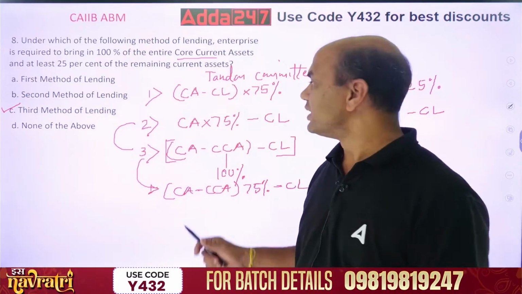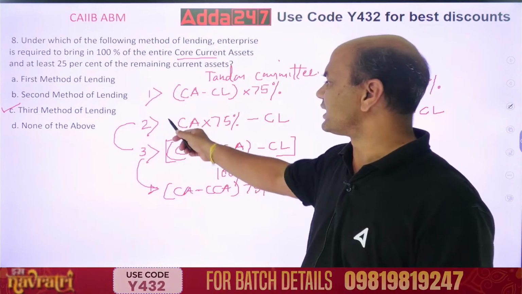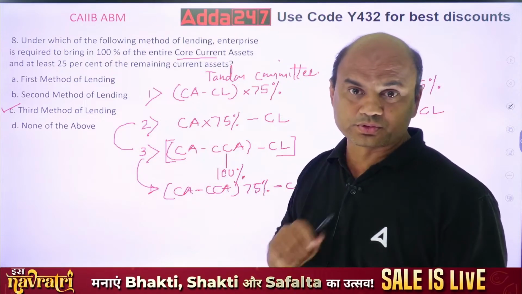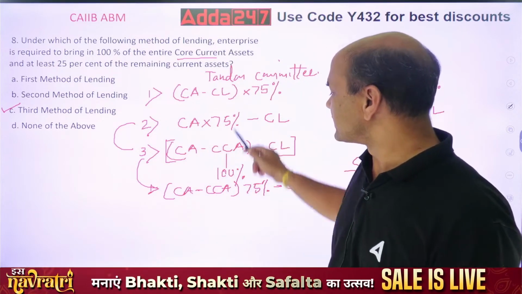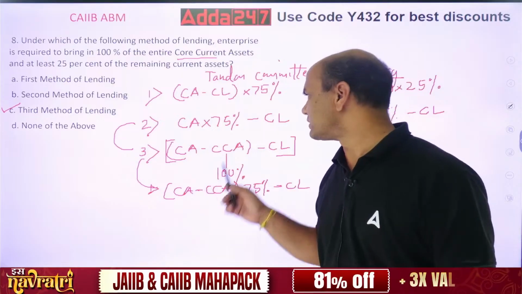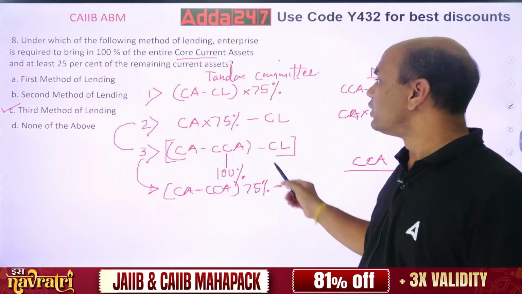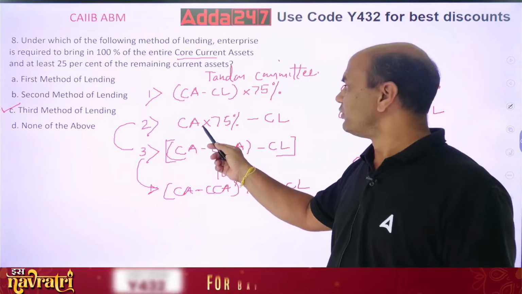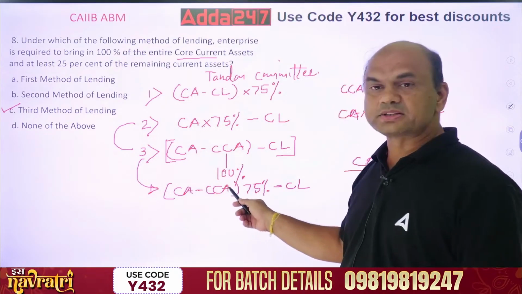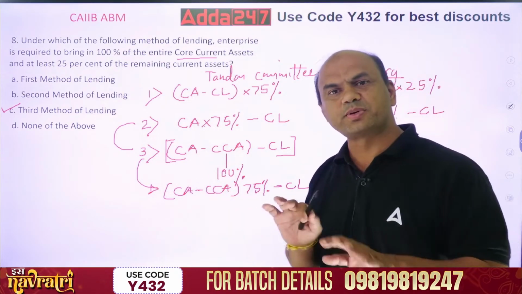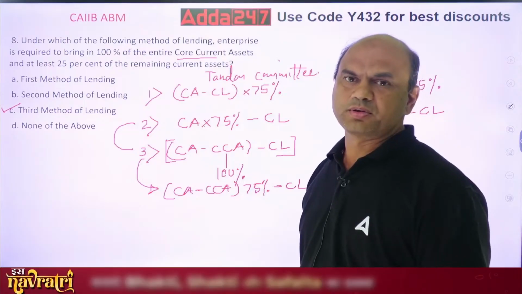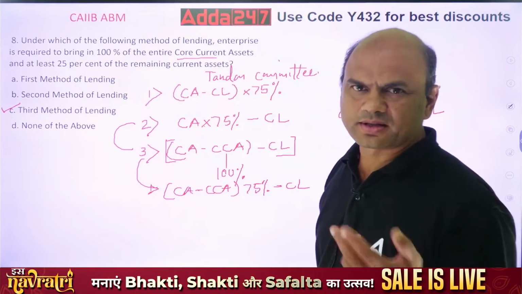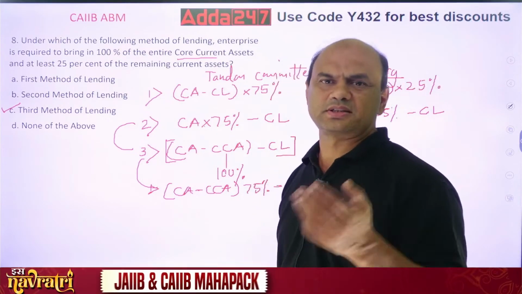Okay? Understand the difference between second and third method. You will get confused over here because both are similar. Current liabilities are at the end in both. Only here, we subtract the core current assets. The cash part we are removing because that's not an actual business part, right? Cash is not a business asset.